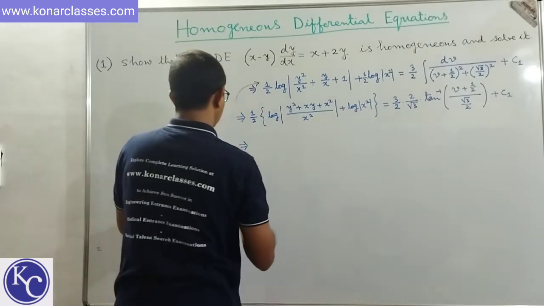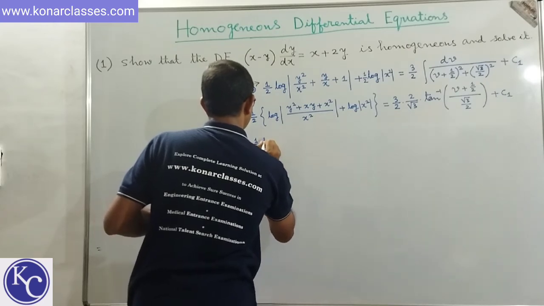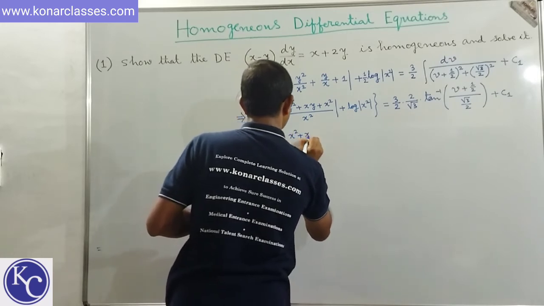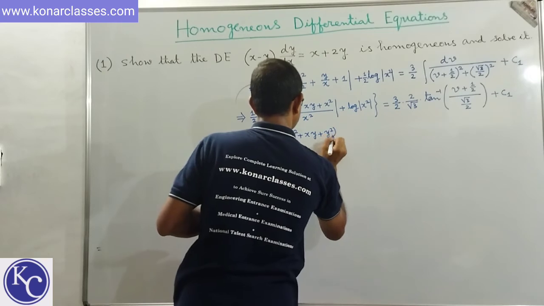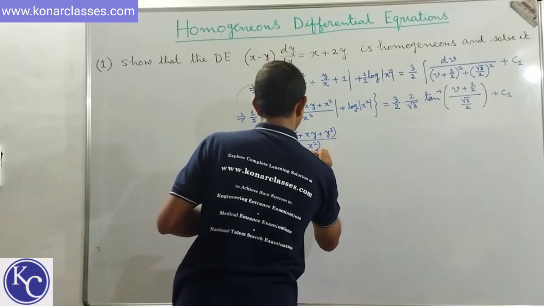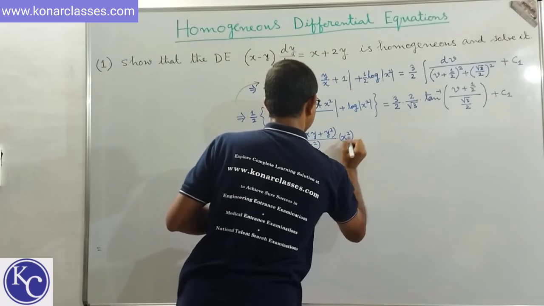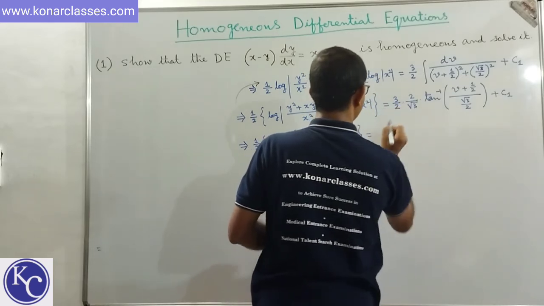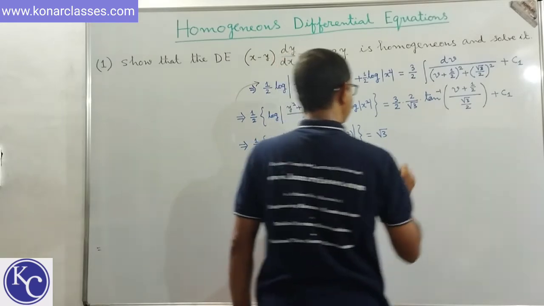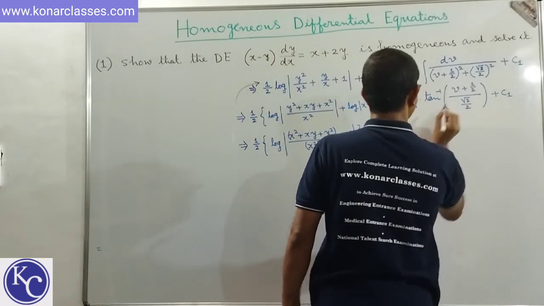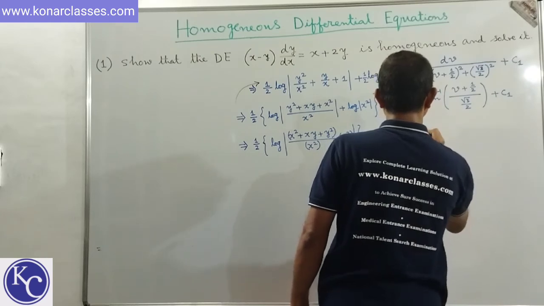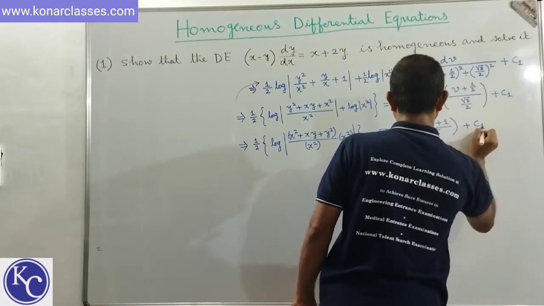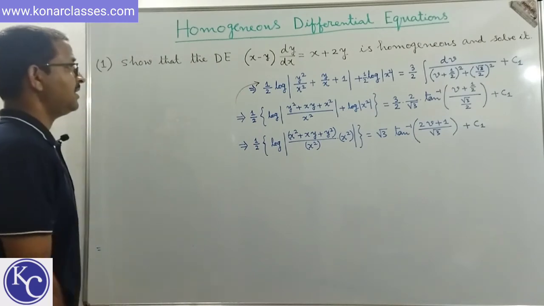So we can make the product, 1 by 2 into log of mod x square plus xy plus y square divided by x square into x square, correct, is equal to 3 by root 3 got cancelled, that becomes root 3, and 2 got cancelled, and tan inverse of 2 into v plus 1 divided by root 3 plus c1. Correct? I hope it is clear.